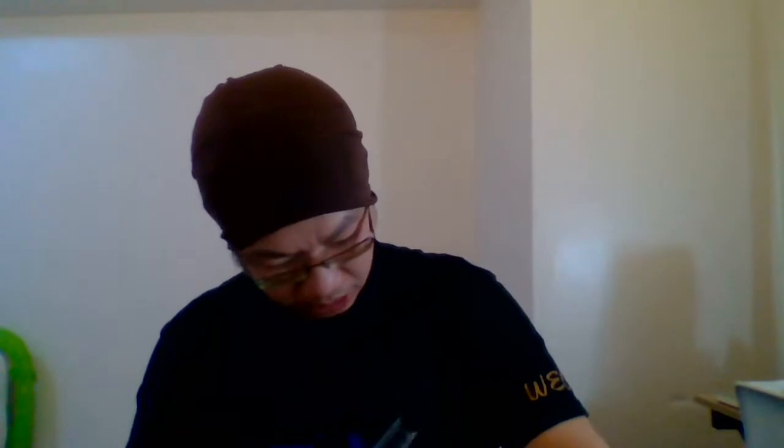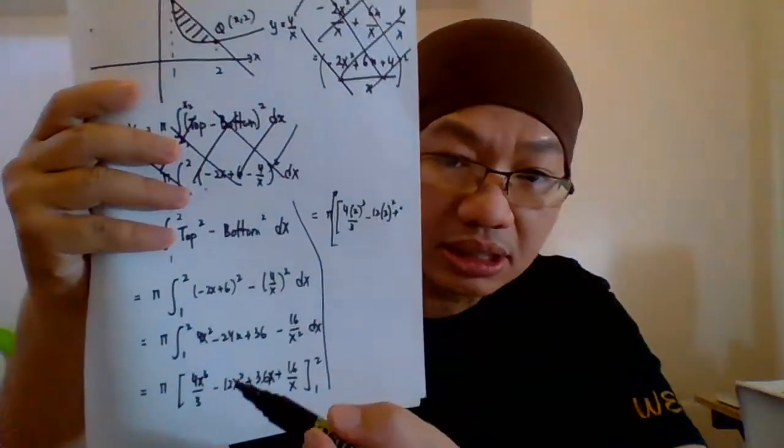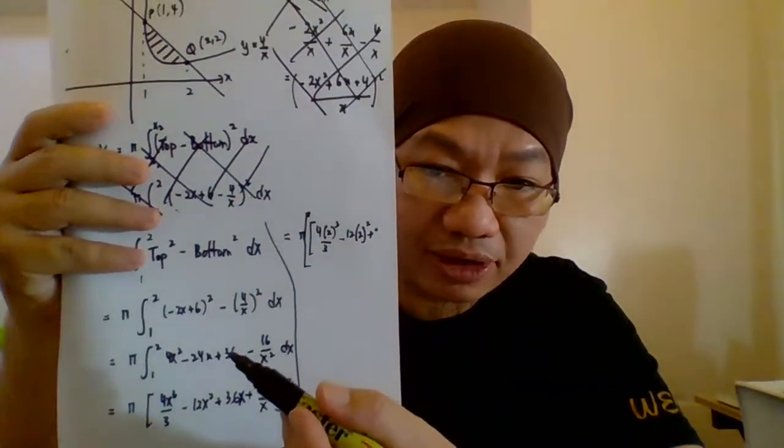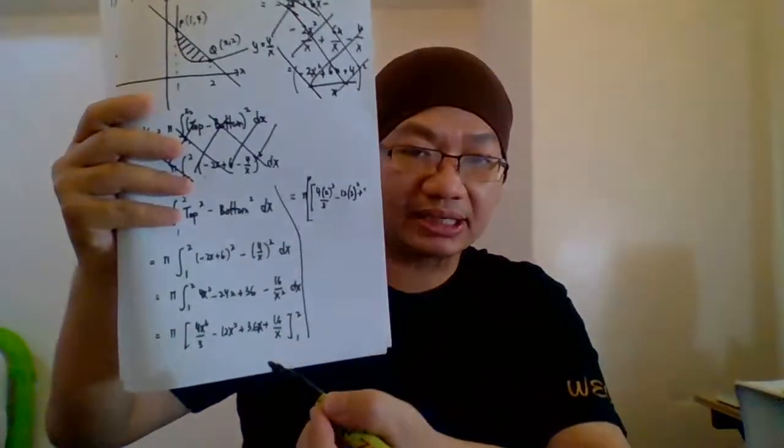So pi integrate, 2 cubed over 3 minus 12 times 2 squared plus 36x. Sorry, 36x here. This is 36x when you integrate. I forgot to put the x here.